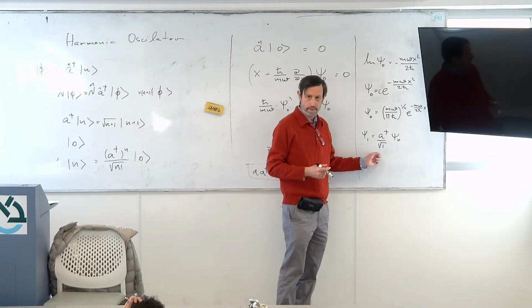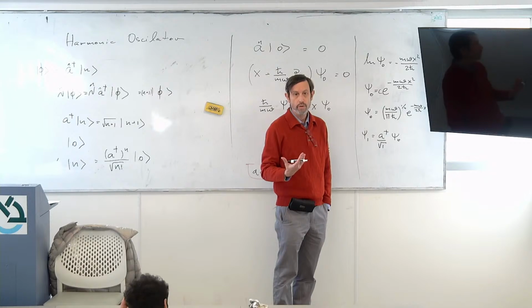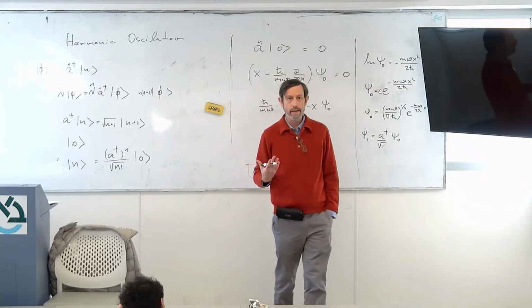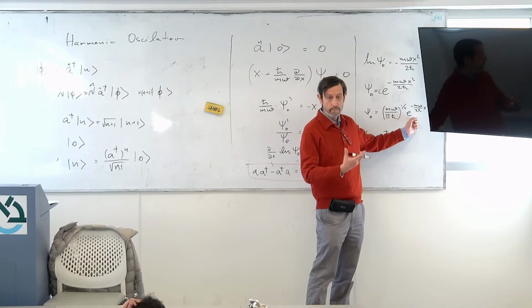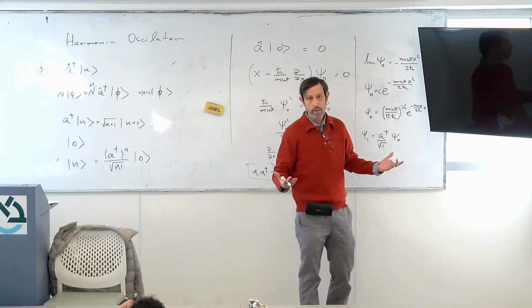Some constant plus the first derivative according to x. So whatever I get here, I'll always have this exponent, because derivatives and multiplication can't kill the exponent, the Gaussian, times a polynomial.